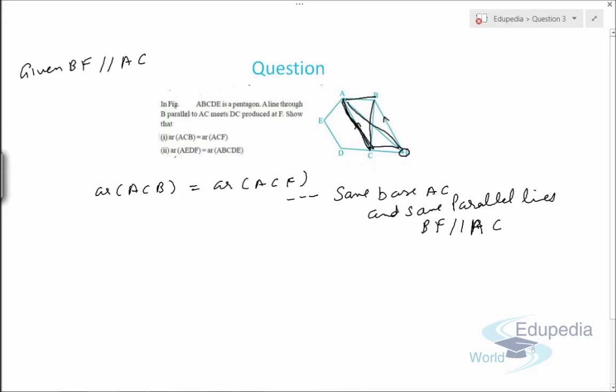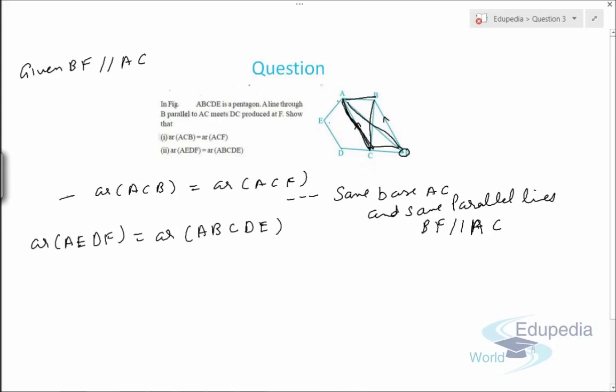Now let's see how we can prove the second part. In the second part we need to prove that area of AEDF is equal to area of ABCDE.